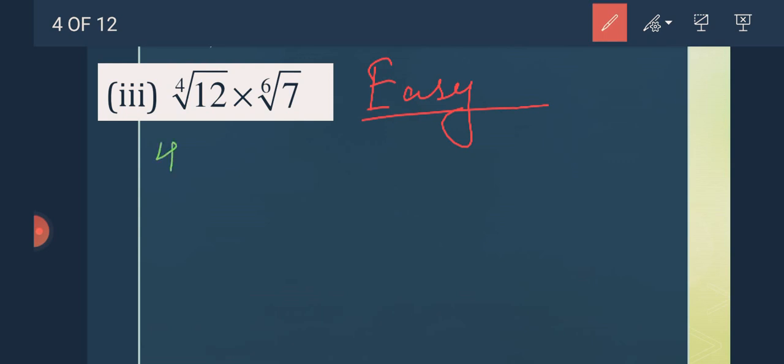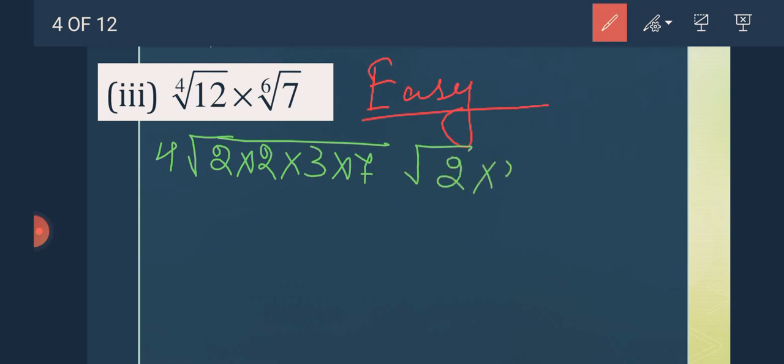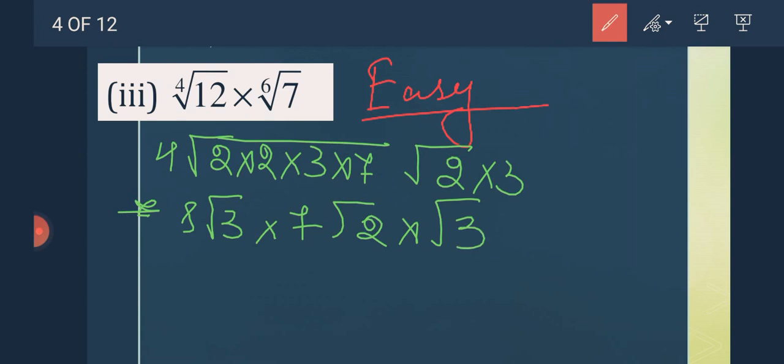So 4 into 2 into 2 into 3 into 7. By this we get 4 root 12. Then 2 into 3. The next step is 8 root 3 into 7 root 2 into root 3.